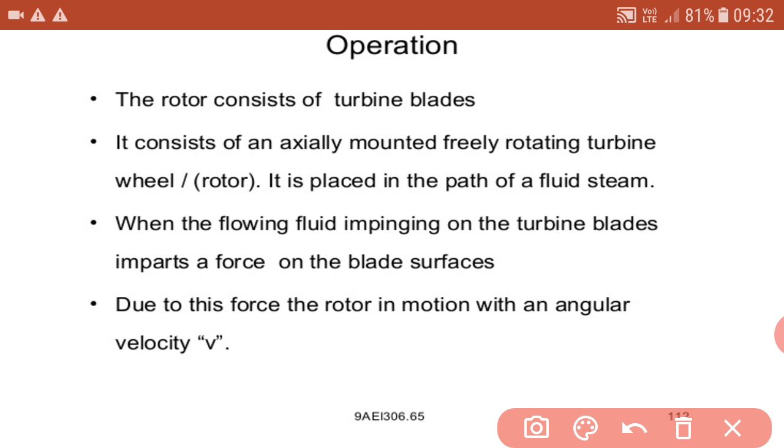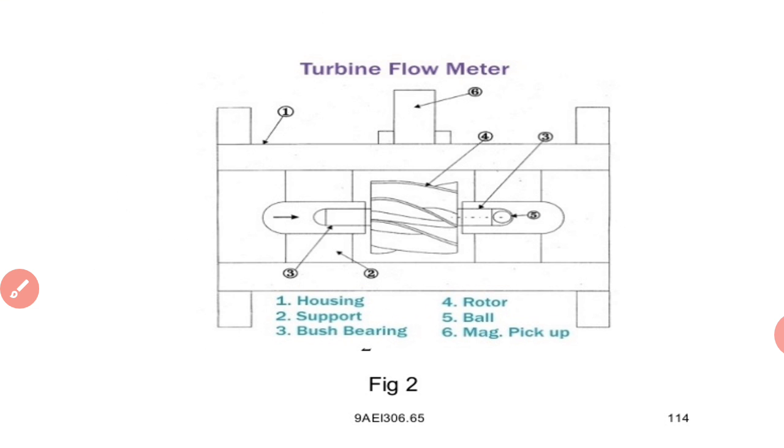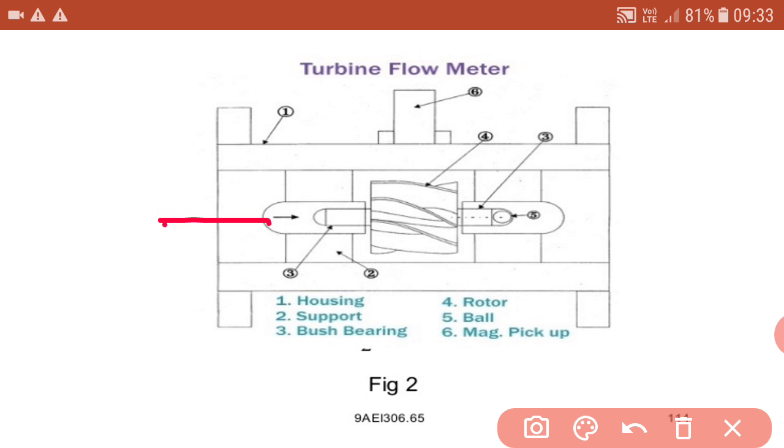It consists of an axially mounted, freely rotating turbine wheel or rotor. This device is known as the rotor, also known as the turbine wheel or turbine rotor. It is placed in the path of the fluid stream. Here we can see that fluid is flowing from here, and the rotor is placed in between the path of this fluid.